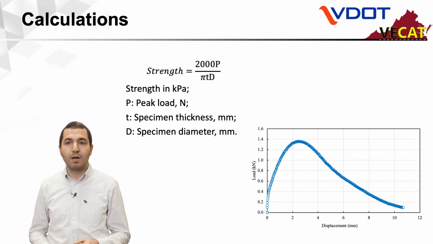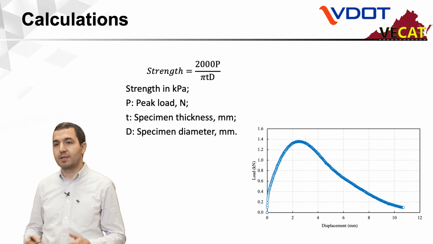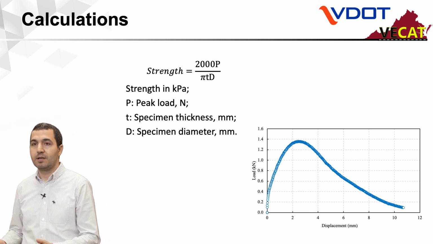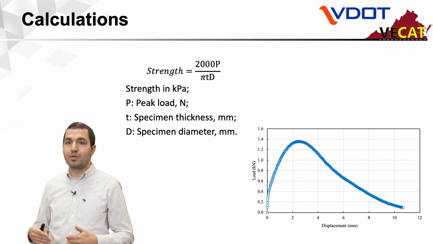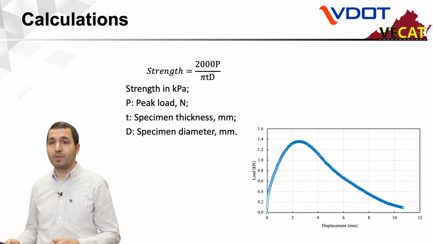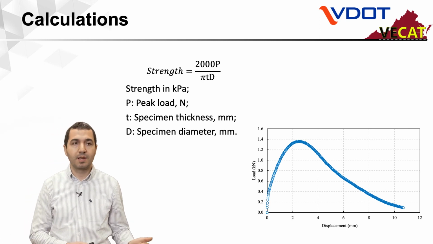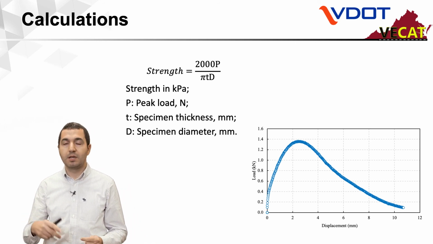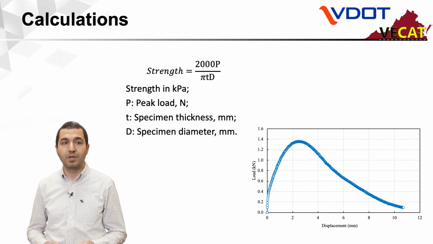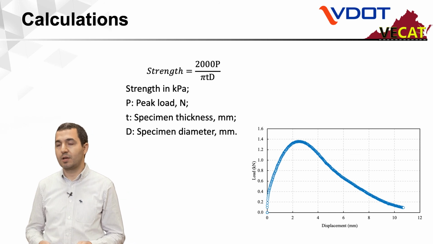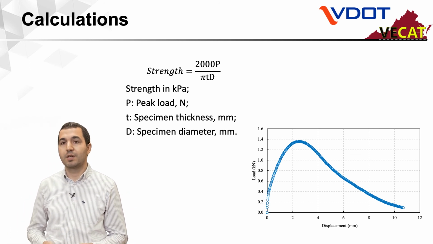And then once you have your test completed and data quality checks are done, you're going to determine the peak load from the load versus displacement curve. And then you would know your specimen thickness and diameter and plug the numbers into this equation. You would realize that that's the strength equation that you use for your TSR testing.